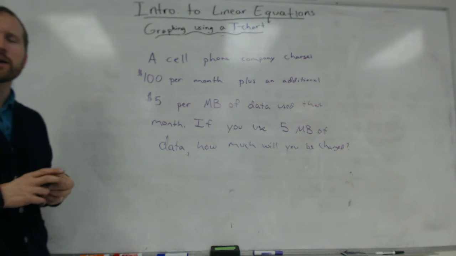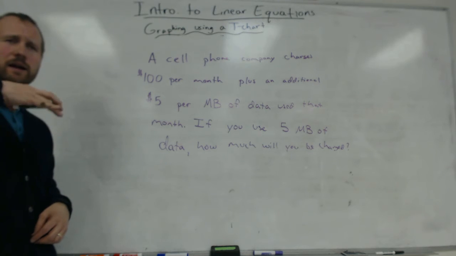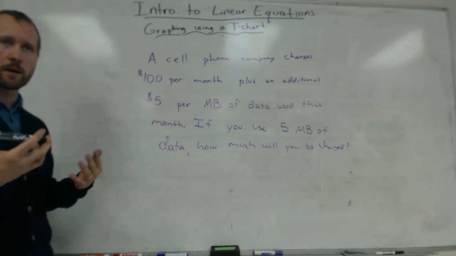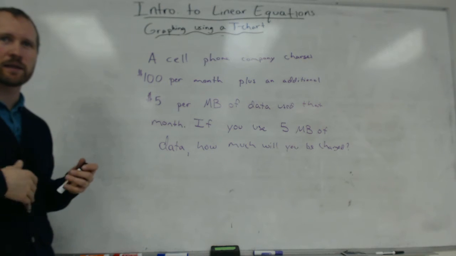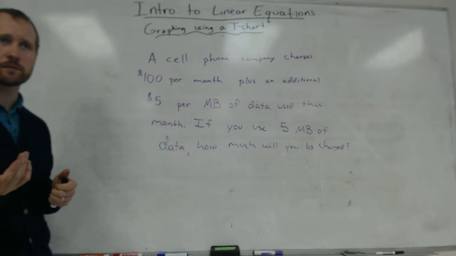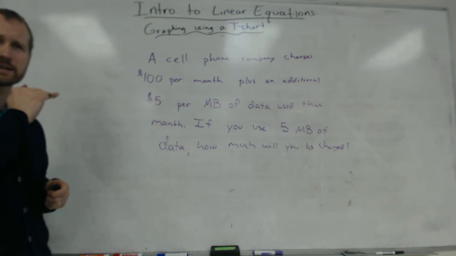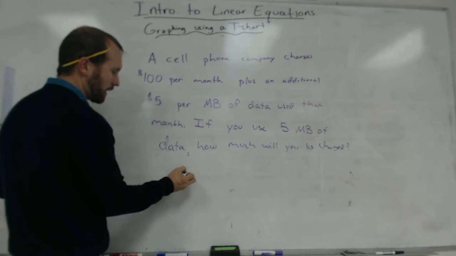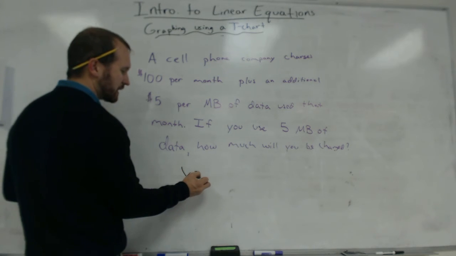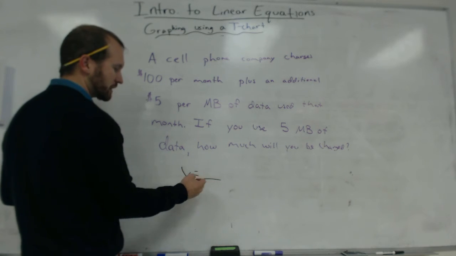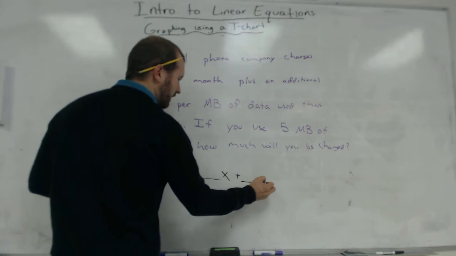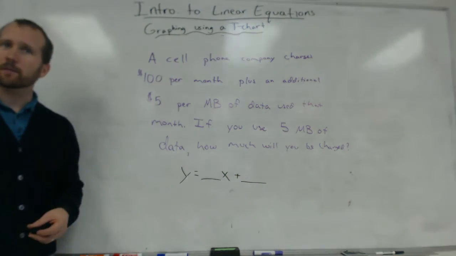We have to identify which number is the number that changes depending on something. In this case, depending on the amount of data that we use. And which number stays the same. So remember, when we write our equation, we're going to have y equals, the slope is the number that changes depending on the data, x, plus this is the number that just stays the same.